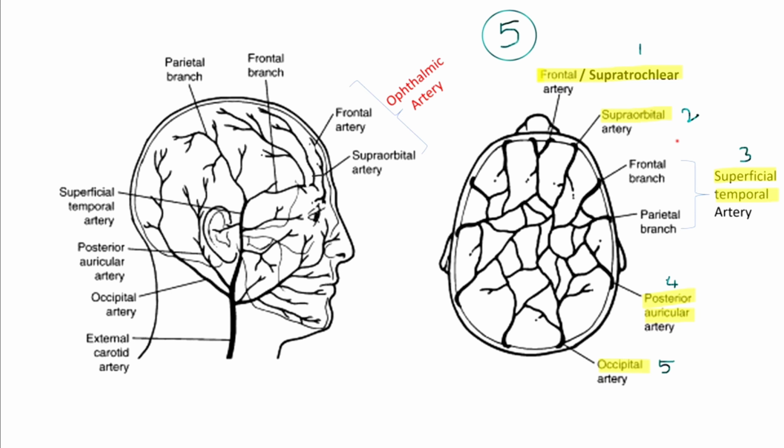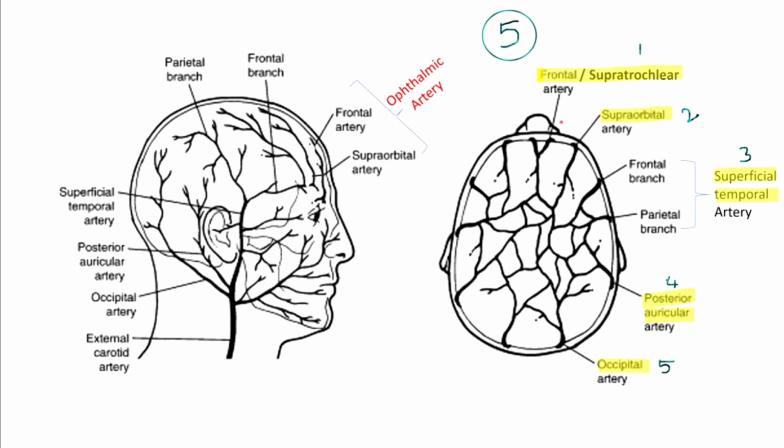The next is the occipital artery. These three are branches of the external carotid artery. So you have to remember just 5 arteries: the supratrochlear, supraorbital, superficial temporal, posterior auricular, and occipital. The supratrochlear and the supraorbital are the branches of the ophthalmic artery.